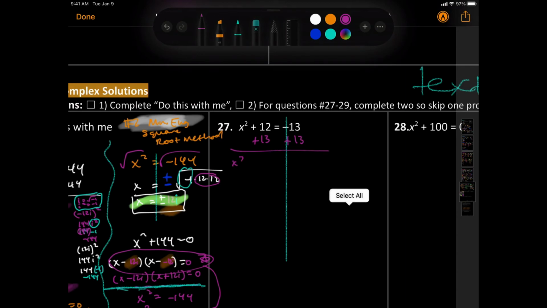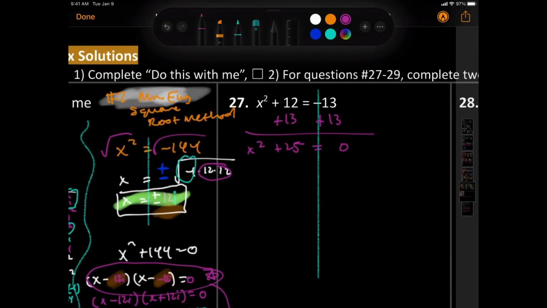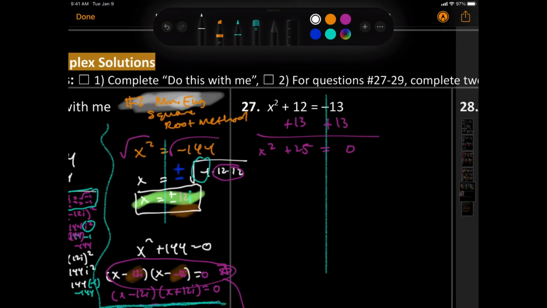So I now have x squared plus 25 equals 0. In order to use the difference of squares, we have to change it to subtraction. So how do I do that? We do minus minus. So now I have x squared minus negative 25.